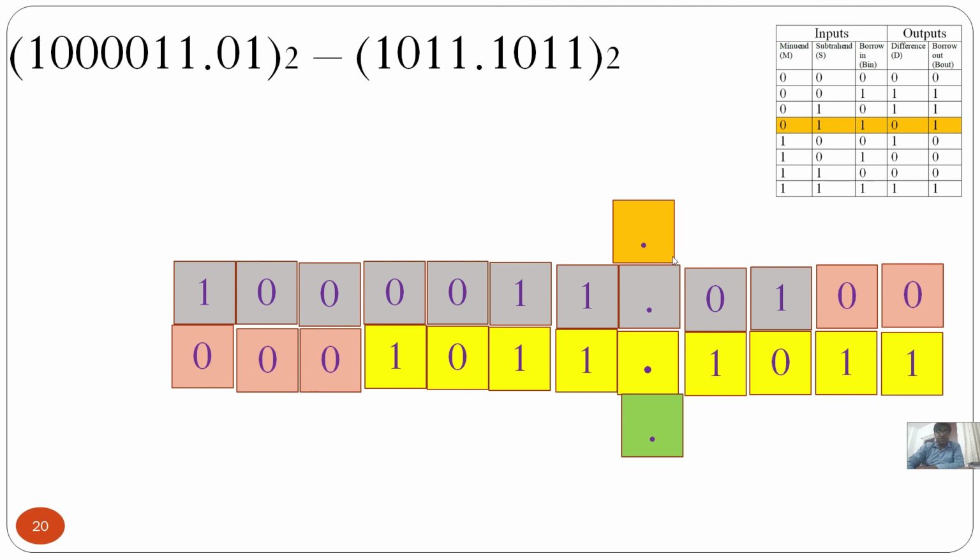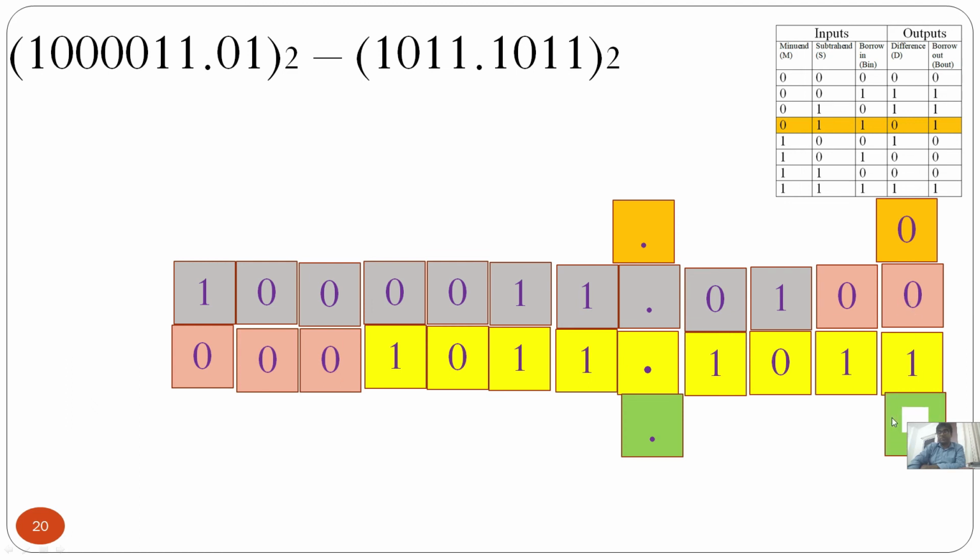Look at the result of these subtractions. The point should be in the similar place. So for first, here the borrow in is 0. We have set it as 0. So 0 minus 1.